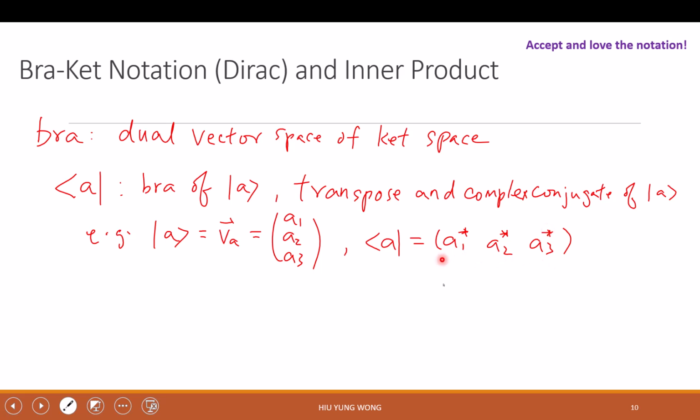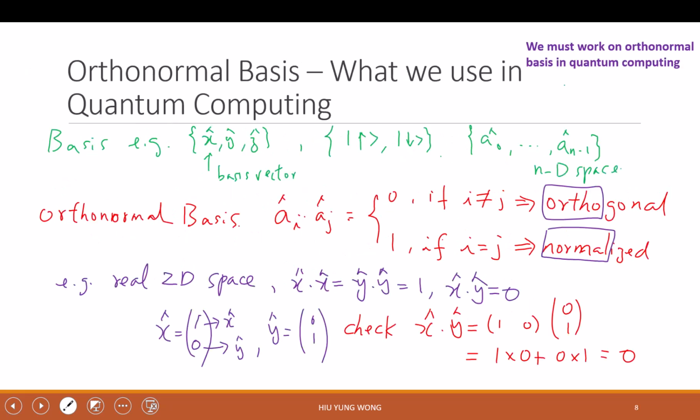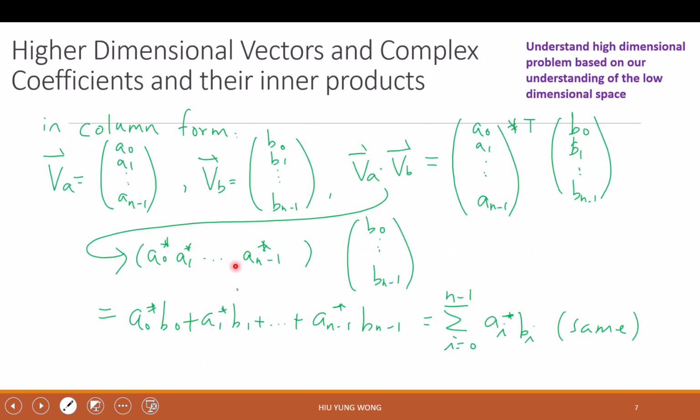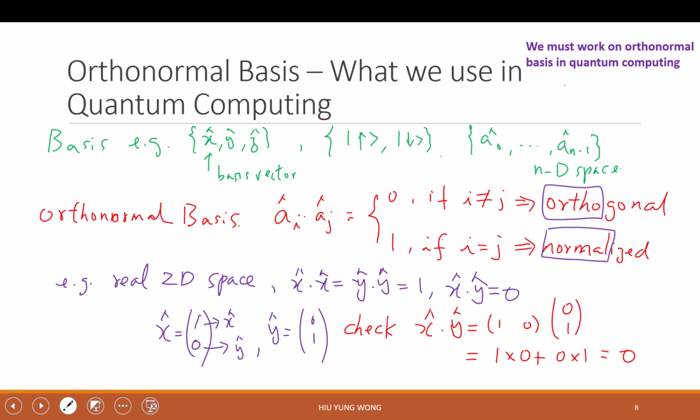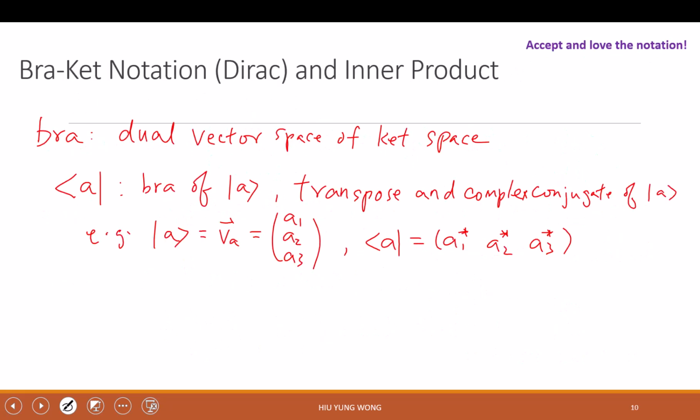When did we just see this? What did we do when we do this rotation? Inner product. When we define the inner product, we say that the inner product of two vectors is just computed in this way, right? Then what does it mean?